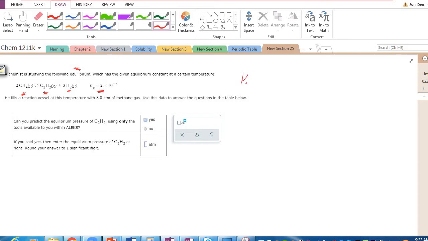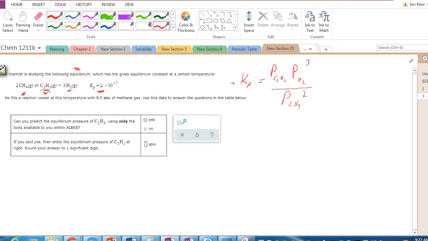K sub P is going to equal the pressure of C2H2, raised to the first power, times the pressure of the H2, which is cubed, divided by the pressure of the CH4, which is squared.